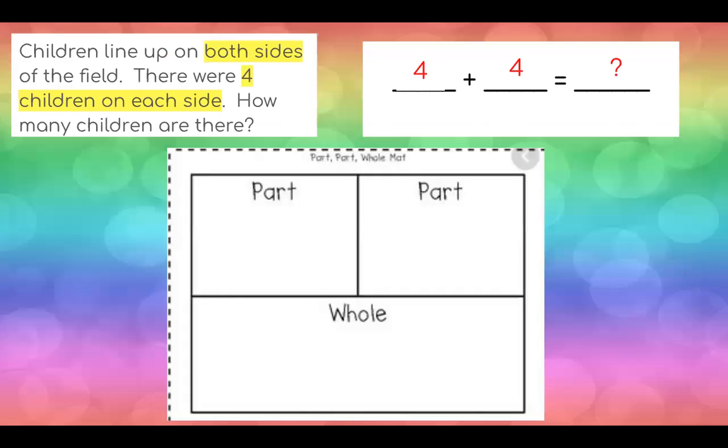So I've made my equation, and over here I highlighted some of the important words. Both sides means that there are 2 sides. And it also tells me there are 4 children on each side. So I know there's 4 children on one side, and there's 4 children on the other side.